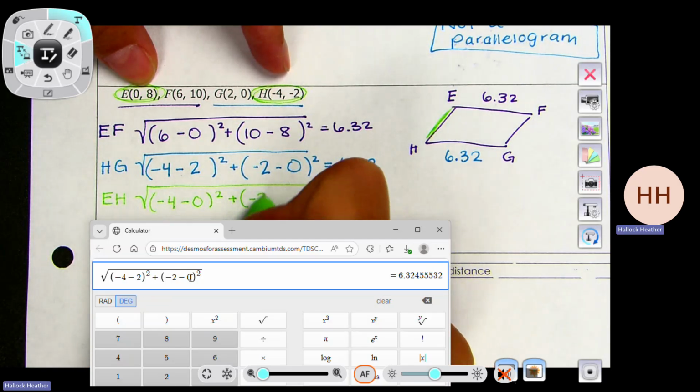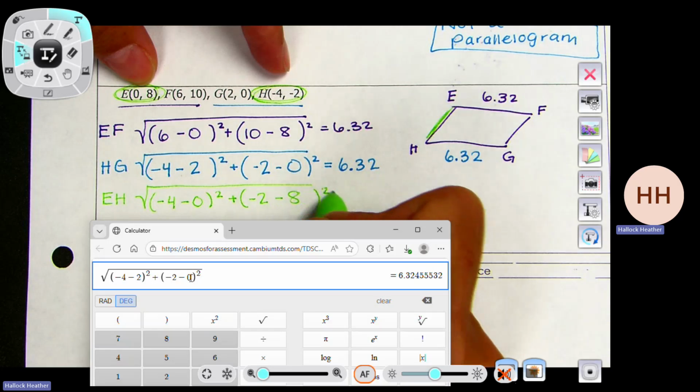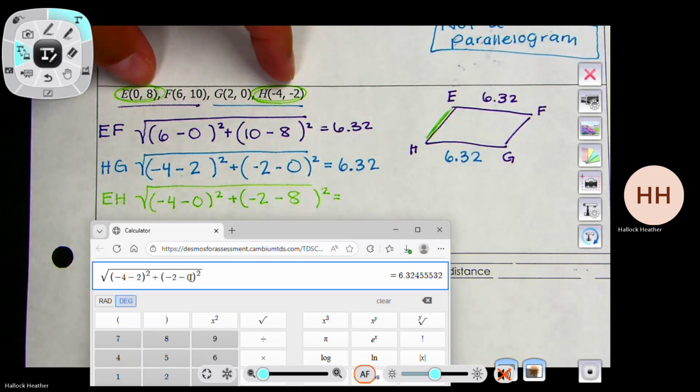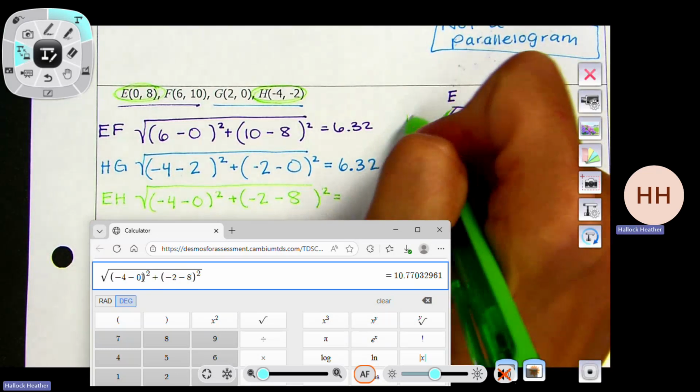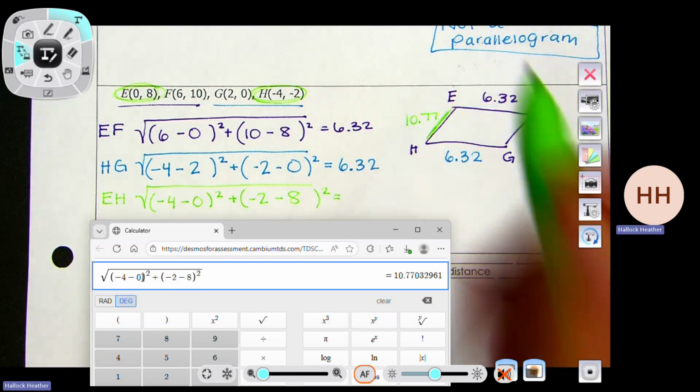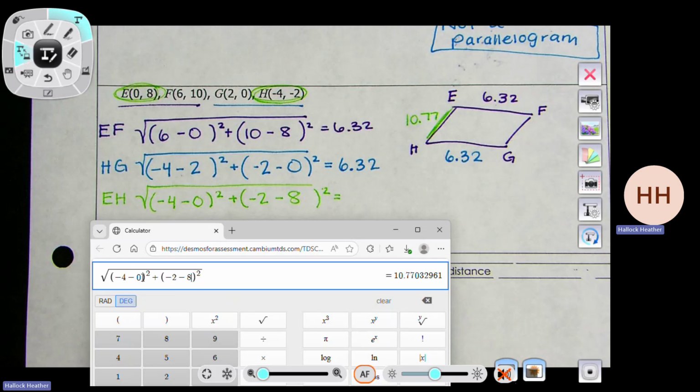And then -2 minus 8. So this one gets 10.77. So when we check the last side, if it matches 10.77, then it is a parallelogram.